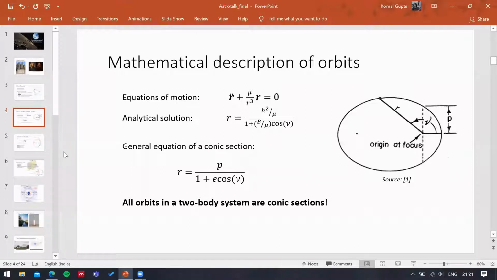Now, before we move on, one thing that we need to remember is the constants of motion, which I'm sure your physics instructors have stressed multiple times. The two constants of motion in this system are total mechanical energy and angular momentum.